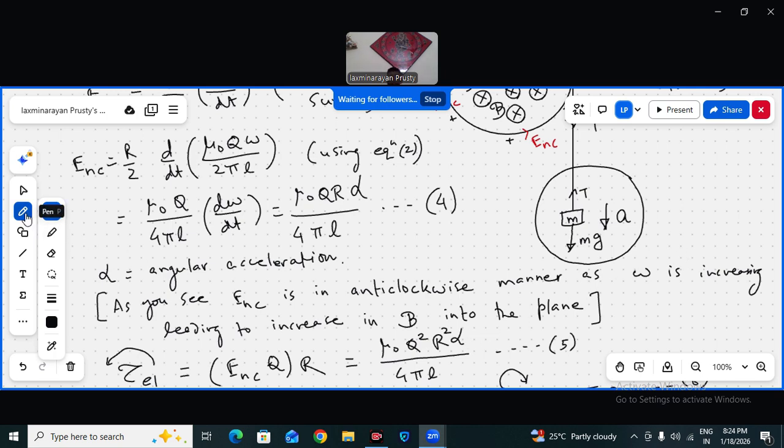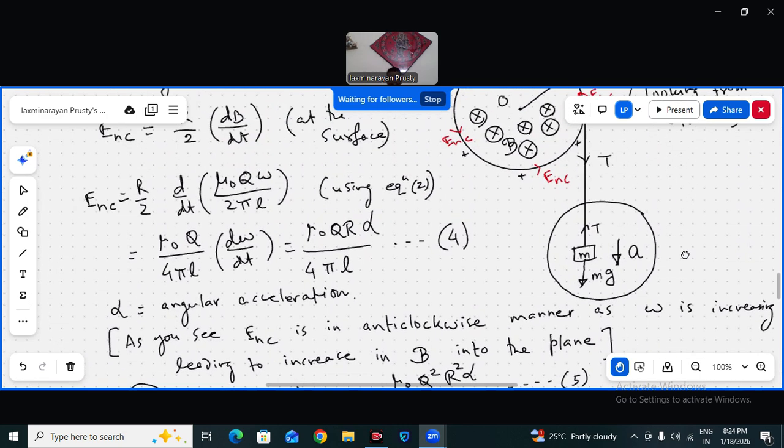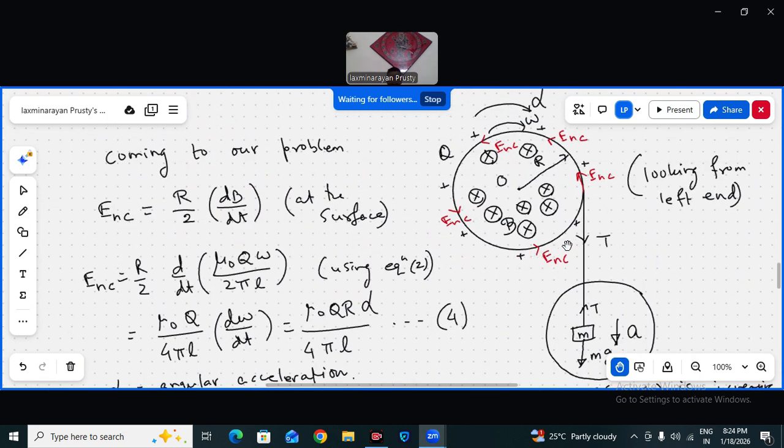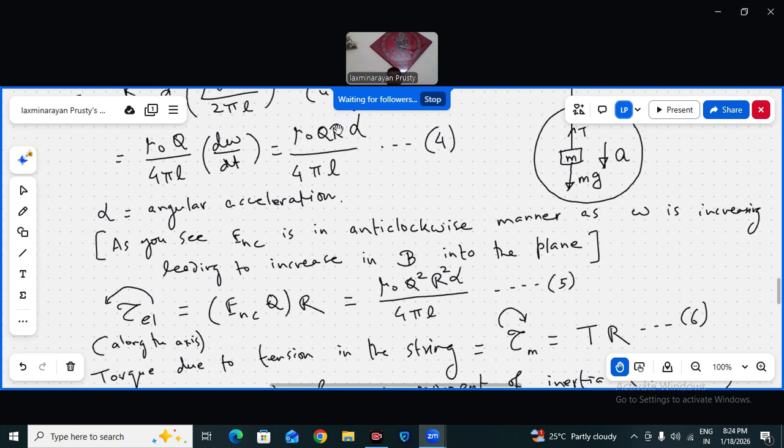Okay. So now I'll explain the torque. If this is the ENC, then into Q will be the force in the tangential direction, into radius will be the torque. That's why I multiplied Q and R to the ENC. So the electrical torque in the anti-clockwise manner is, just multiply QR to this, mu naught Q square R square alpha by 4 pi L. That's what I wrote.